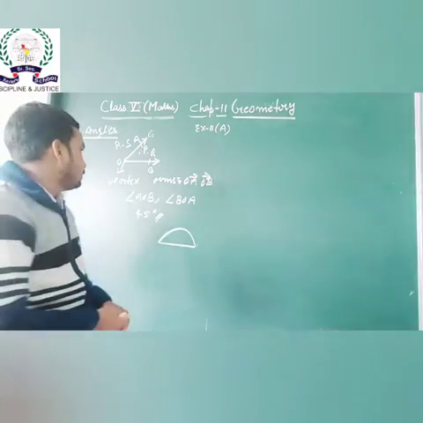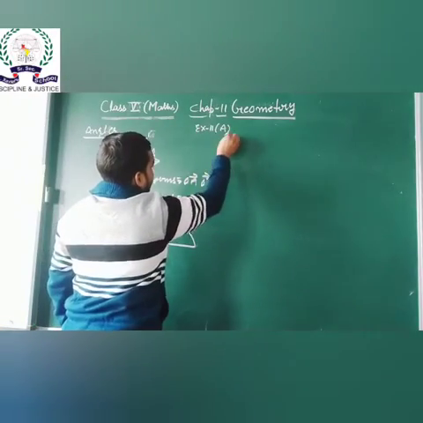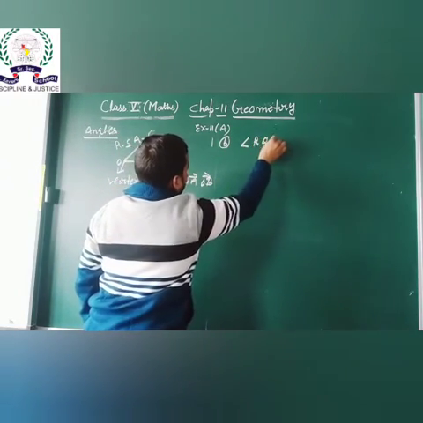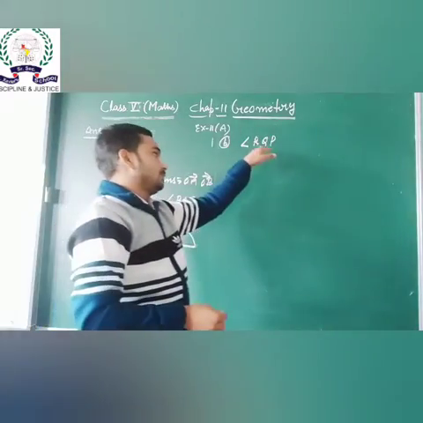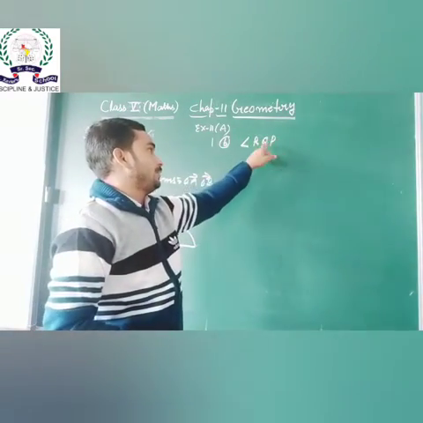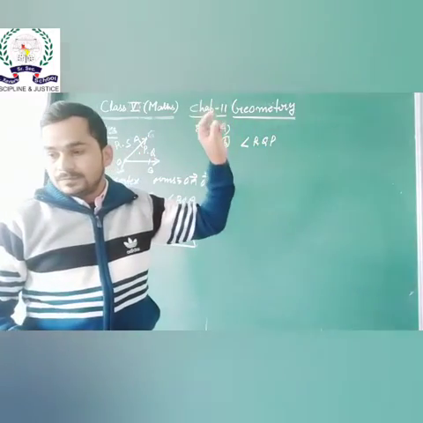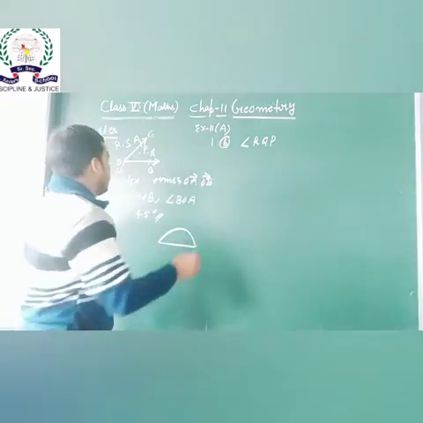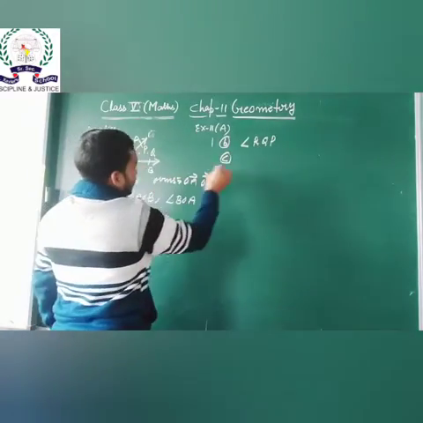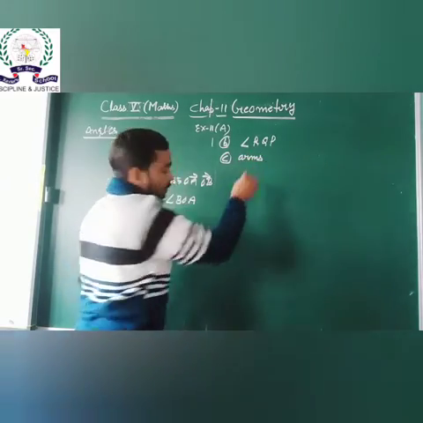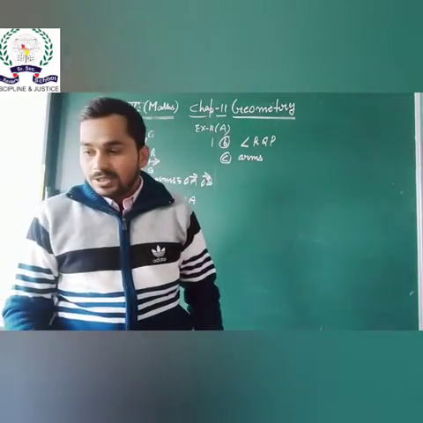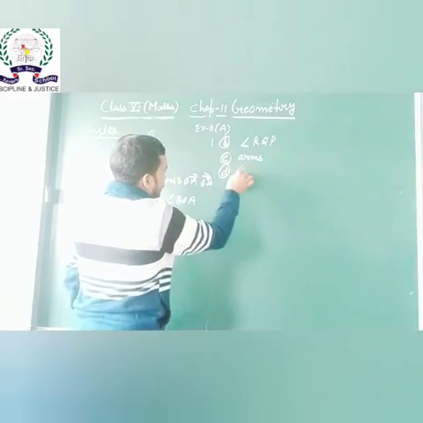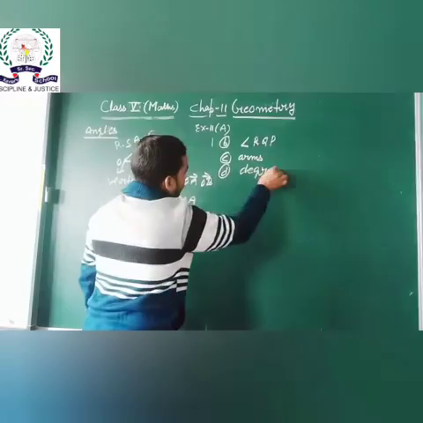PQR is the same as RQP, because the vertex always comes between R and P. The two rays forming an angle are called the arms of the angle. And the unit of measurement of an angle is degree.